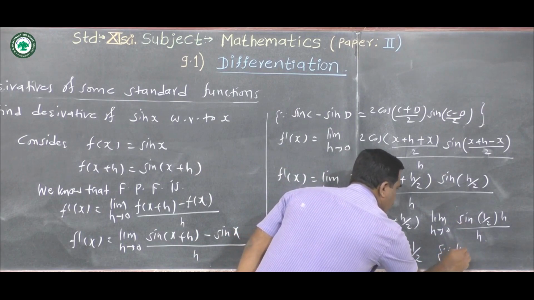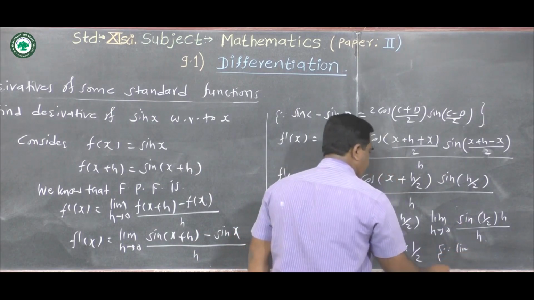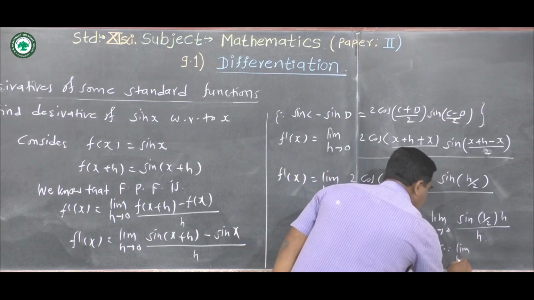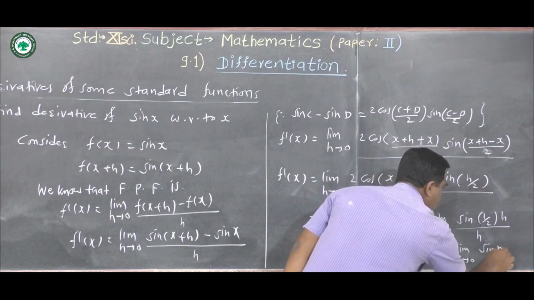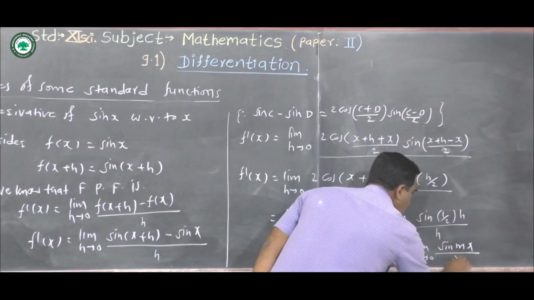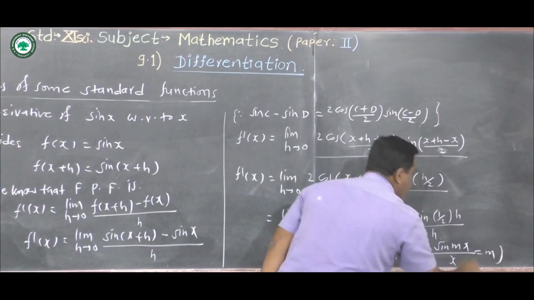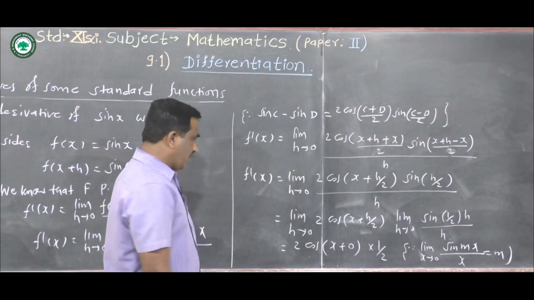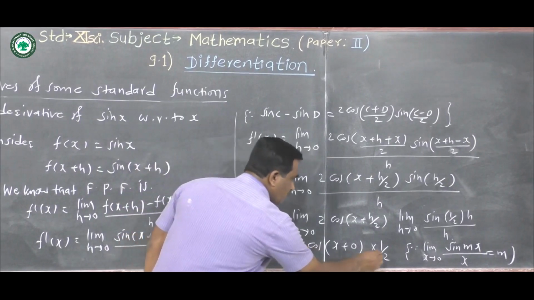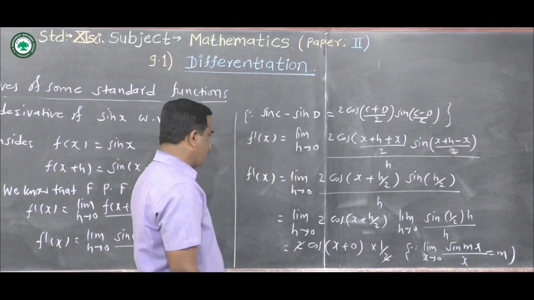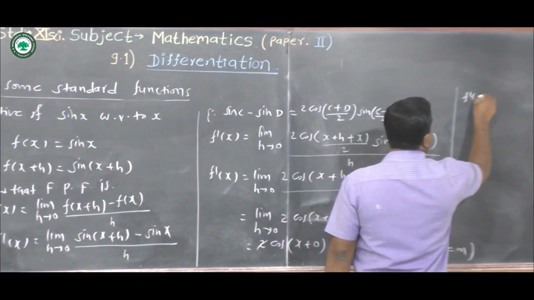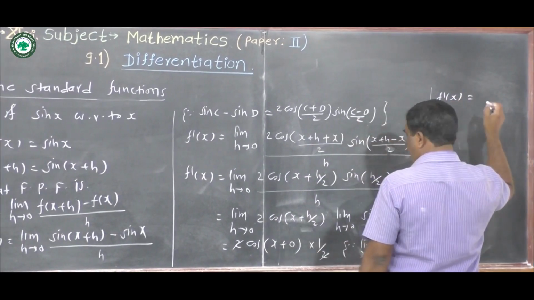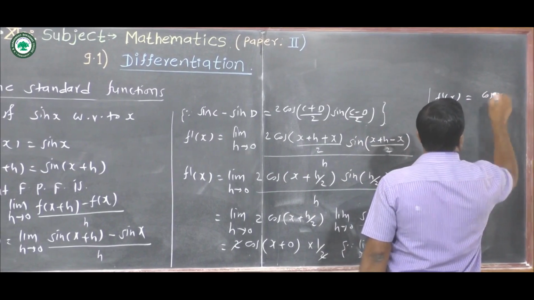Since using this formula limit x tends to 0 sin of mx upon x is equal to m. Okay, now here this 2 cancel out, 2 into 1 by 2 means 2 cancel, remains only f dash of x is equal to cos x.